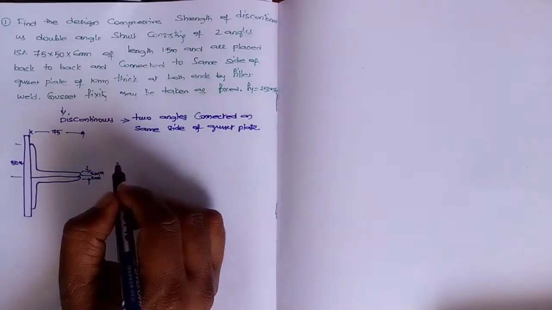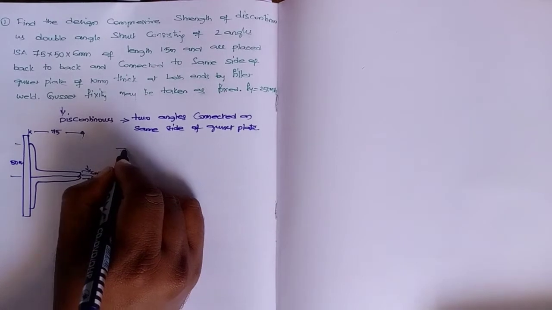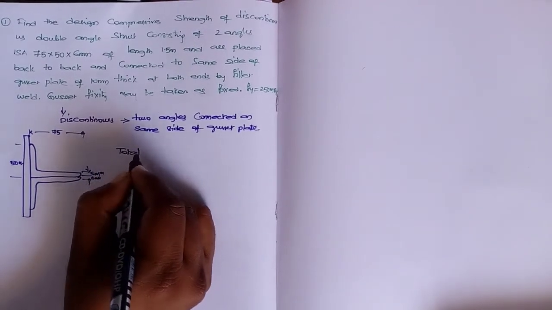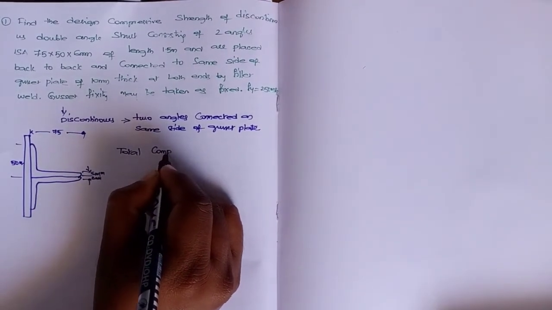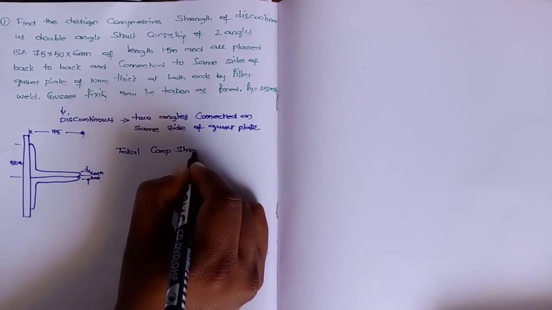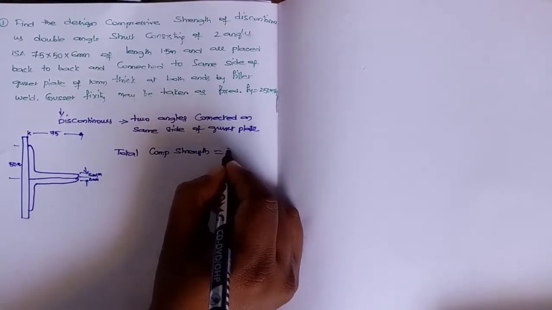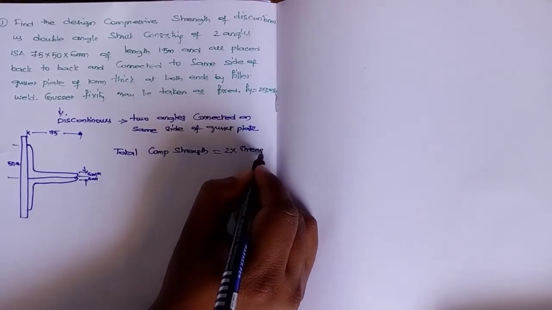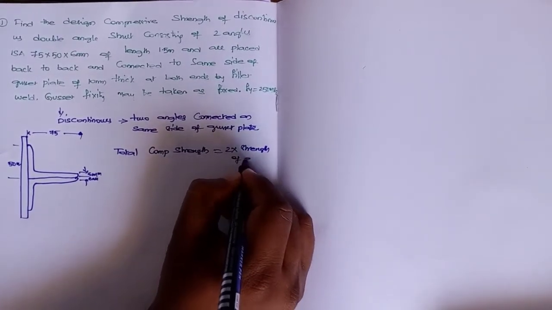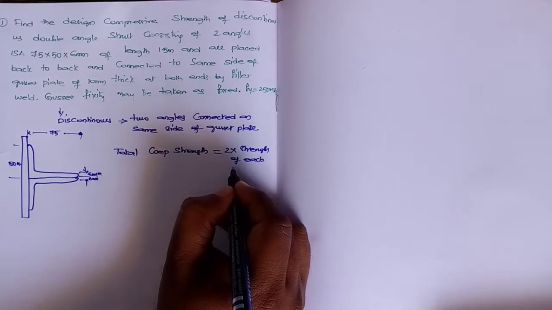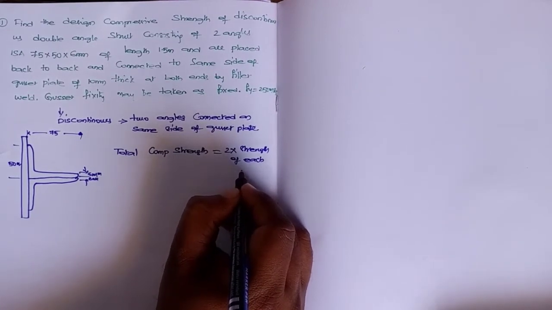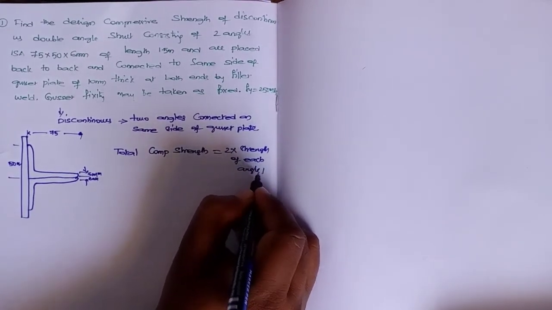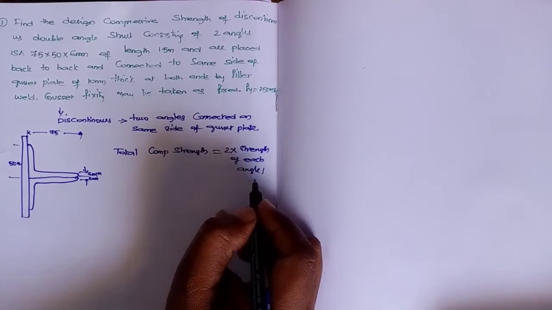Now here total compressive strength will be equals to 2 into strength of each angle. Why you have to write like this? Because in steel table the details of one angle will be there.